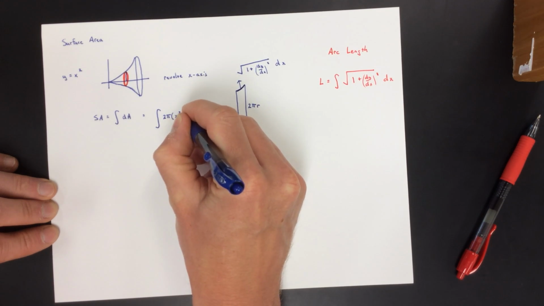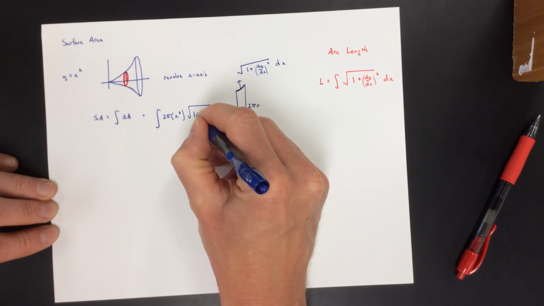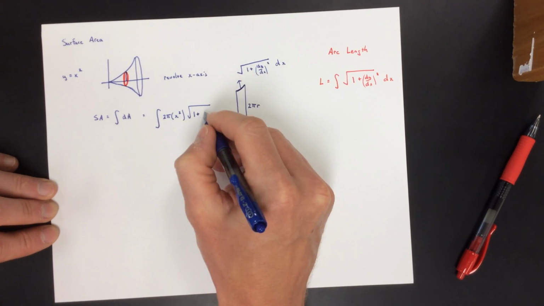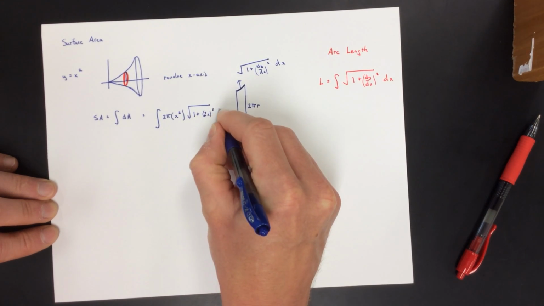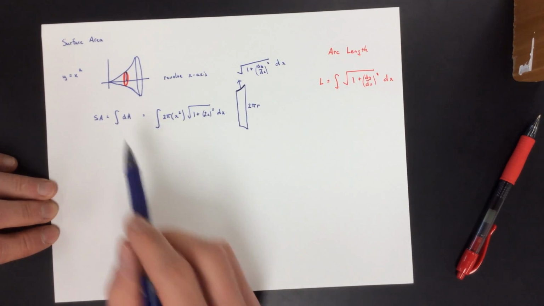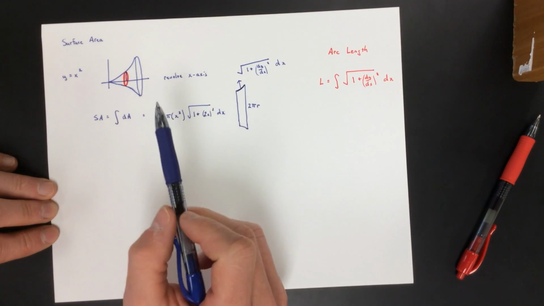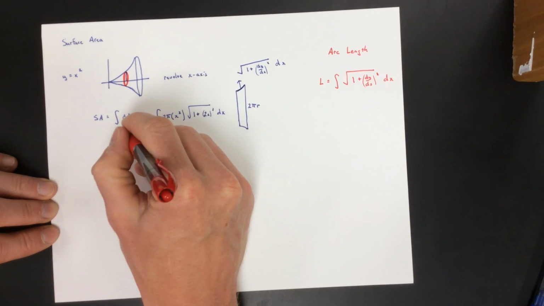So 2 pi r, and then times the square root of 1 plus dy dx, which in this case is 2x, squared, dx.